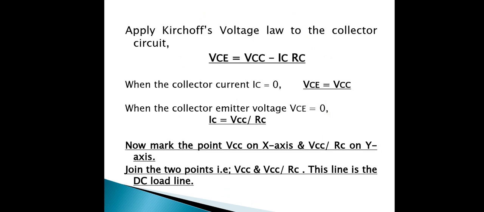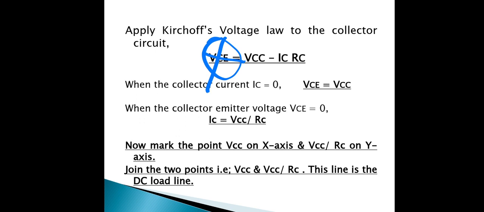Next case, we will make VCE equal to 0. Then what will happen? We'll see. When VCE is equal to 0, that is when you are applying 0 collector emitter voltage, then we'll get to know the maximum value of IC.